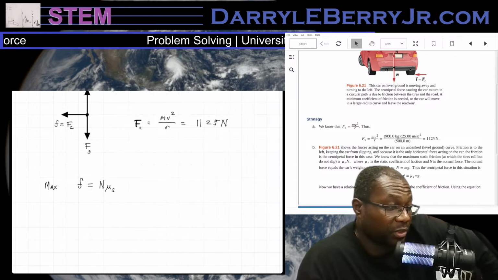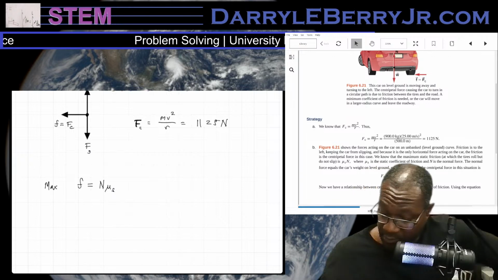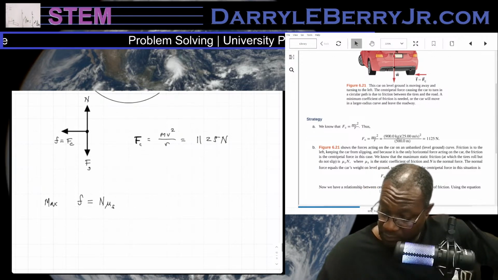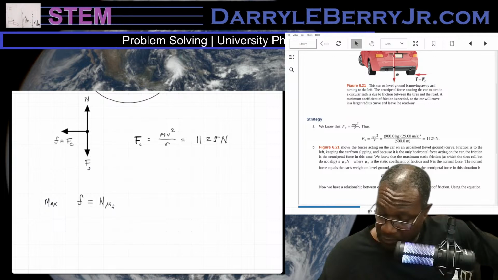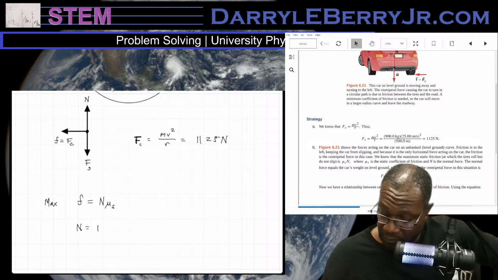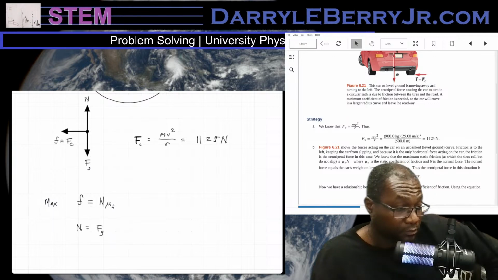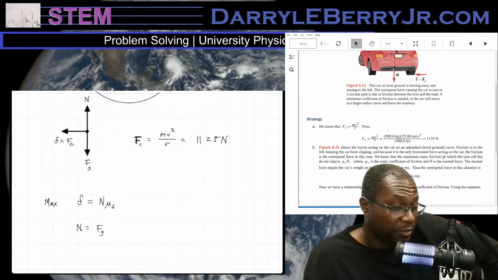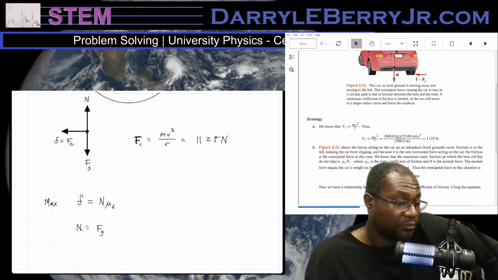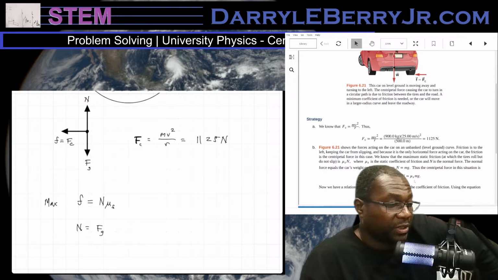The normal force equals the car's weight on level ground, so N equals mg. Thus, the centripetal force in this situation is Fc equals mu s N or mu s mg.